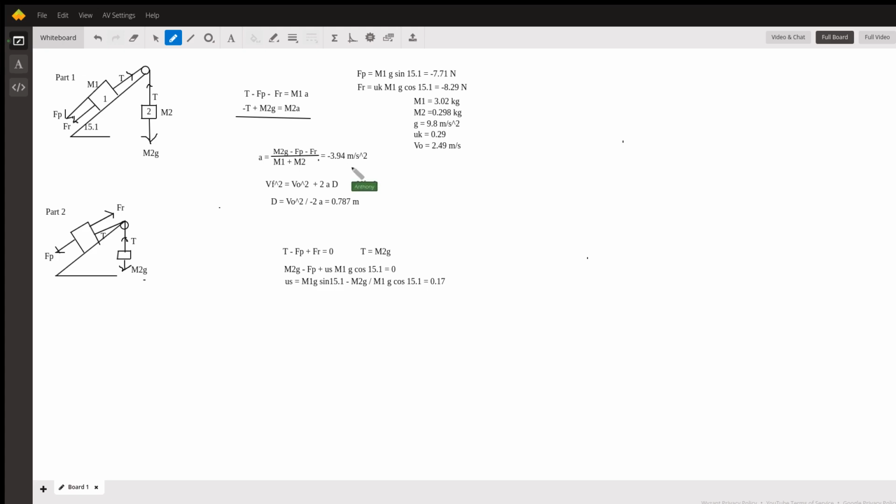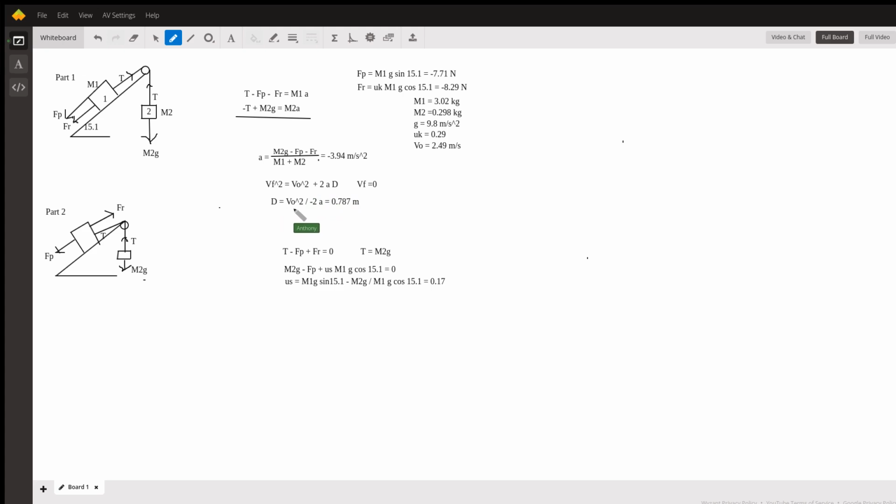Now, once you have that, there's another kinematic equation which says that the final velocity squared is equal to the initial velocity squared, which we have here, plus twice the product of the acceleration times the distance, okay? So we're after distance in part one, so you rearrange this and solve for the distance.